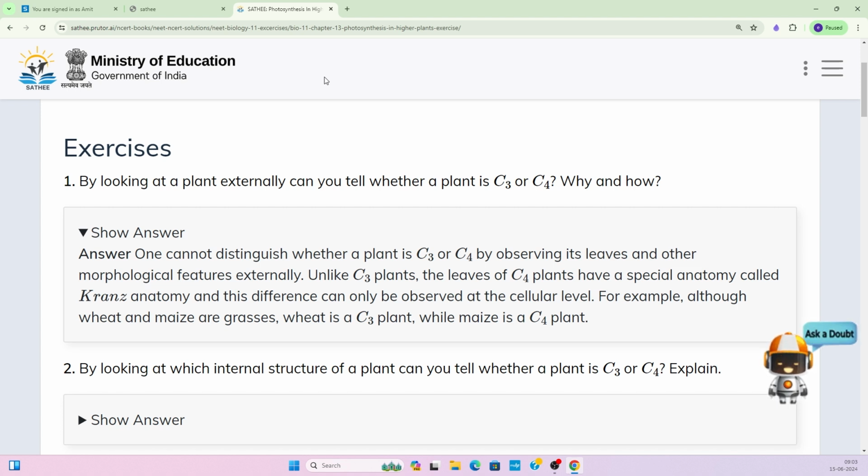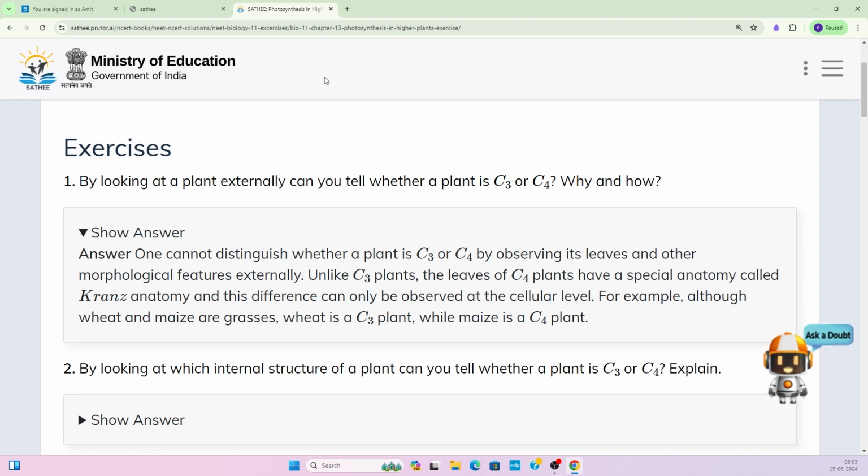But in the case of a C4 plant, when you see the anatomical structure, you see the Kranz anatomy, that is, the presence of bundle sheath cells. So when you see the cellular structure of a C3 or C4 plant, only then are you going to distinguish whether the plant is C3 or C4.